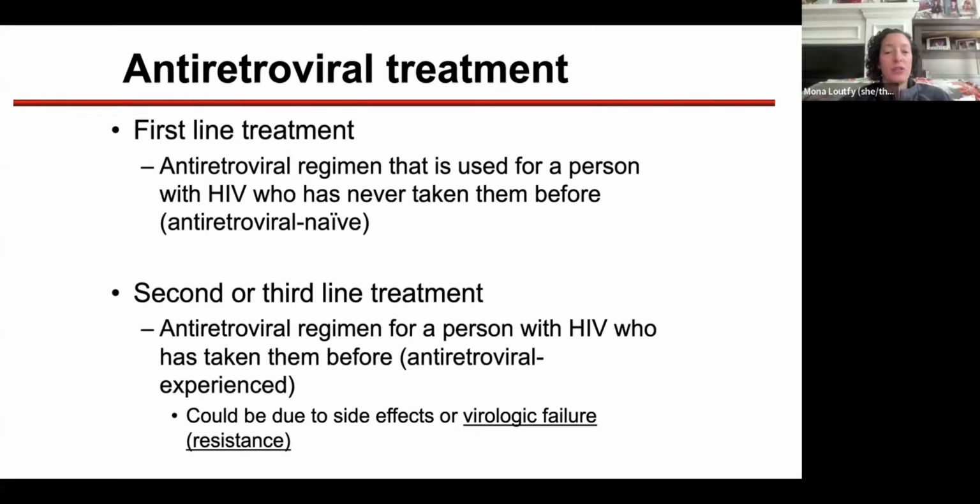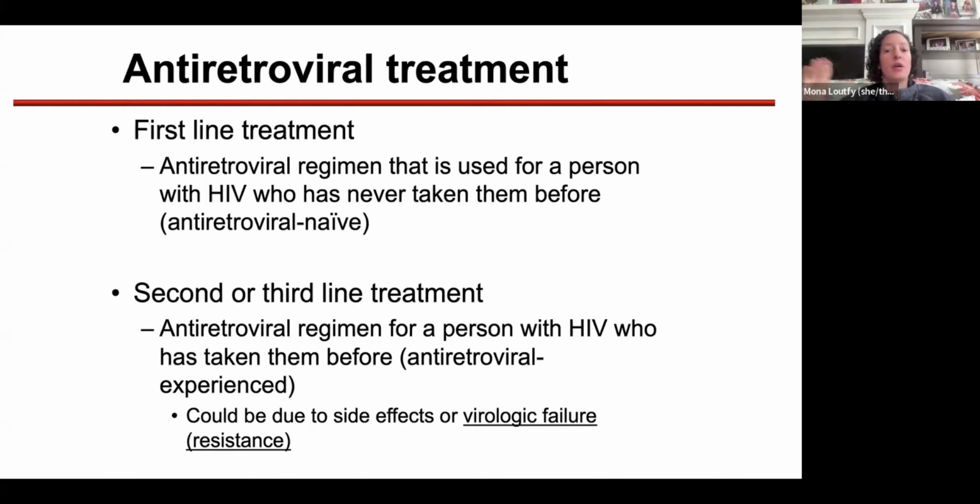Second or third line treatment is if a person gets their second or third line antiretroviral treatment, and it can be due to virologic failure, so they're non-adherent and the virus has drug resistance, but it can also be due to side effects. Or we can do studies where we're switching them.